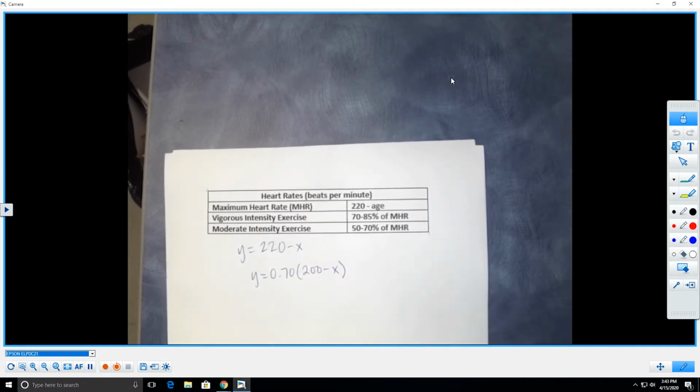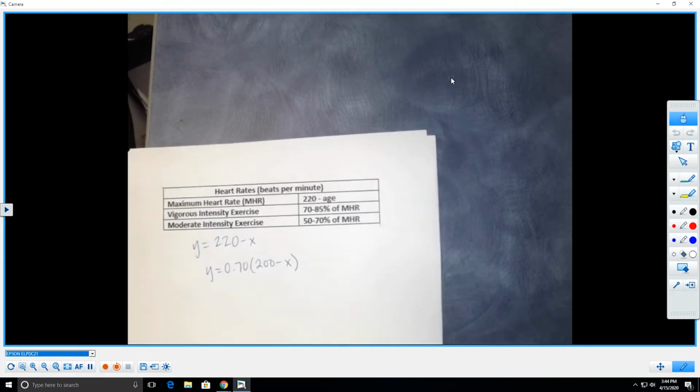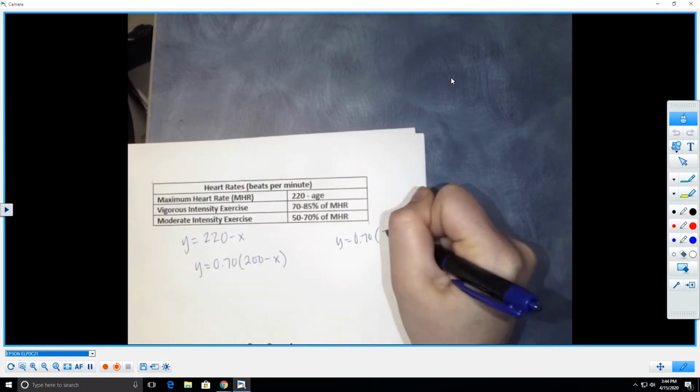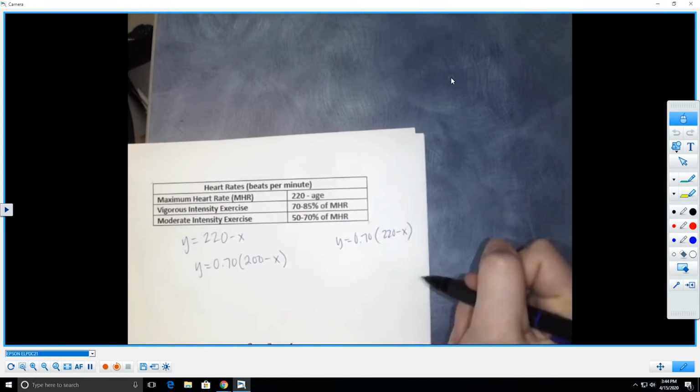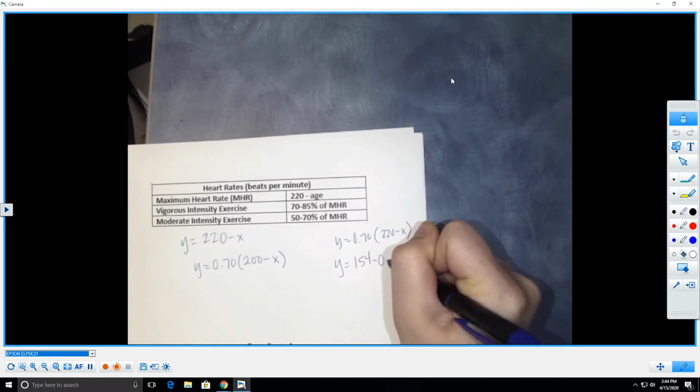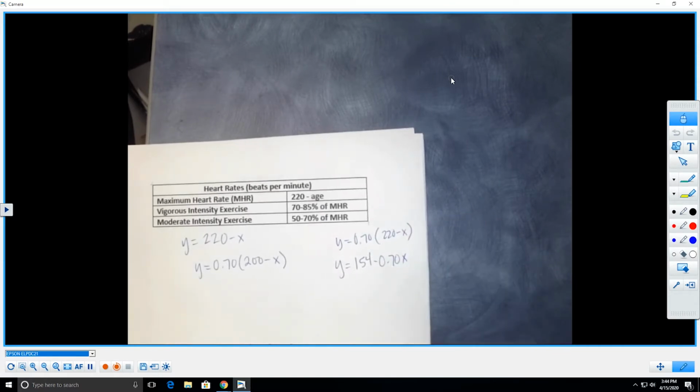How would we change this function to solve for the person's age, X? Think about that for a minute and see what you can come up with. See if you can follow my steps. So we have Y equals 70% of 220 minus X, which gives me 154 minus 0.70X.